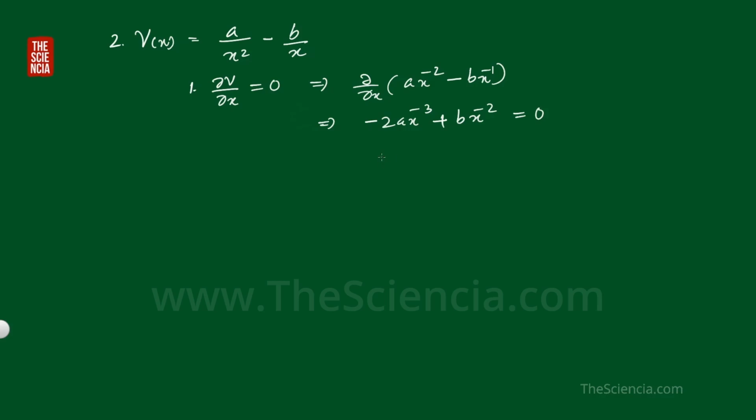Therefore, -2a/x³ = -b/x². We can cancel the minus and the x², so we get x = 2a/b. So this is the equilibrium point.